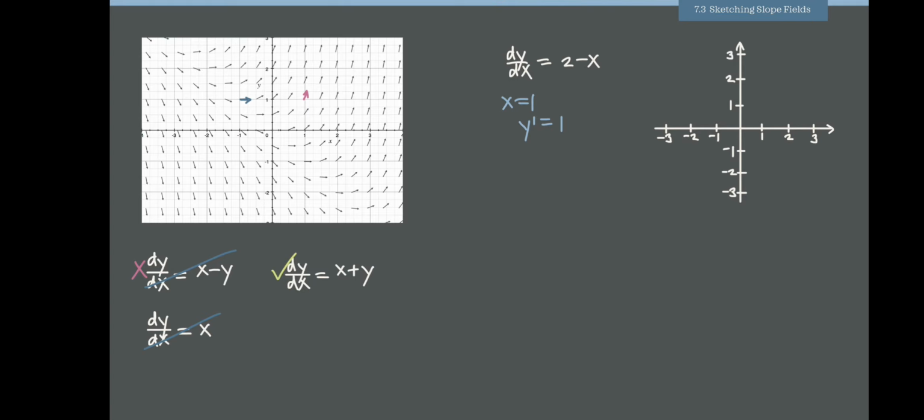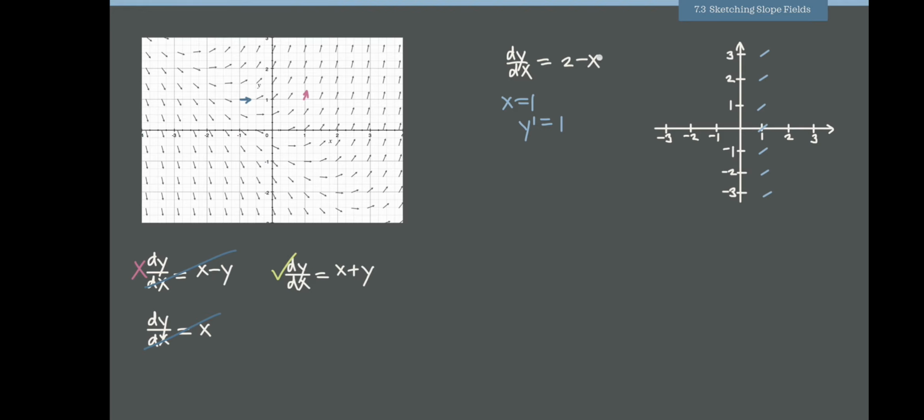So if we were to sketch in little lines at each point, so 1, 1, 1, 2, maybe like this, 1, 3, we should be sketching in lines that have a slope of positive 1. So it might look something like this.